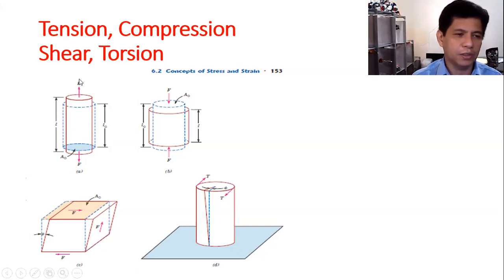As you can see, the force is going away from the center of the material. There are 2 forces, this one and also this one, perpendicular to the cross-sectional area. This is known as the tension force, and F over the area will give you the engineering stress.